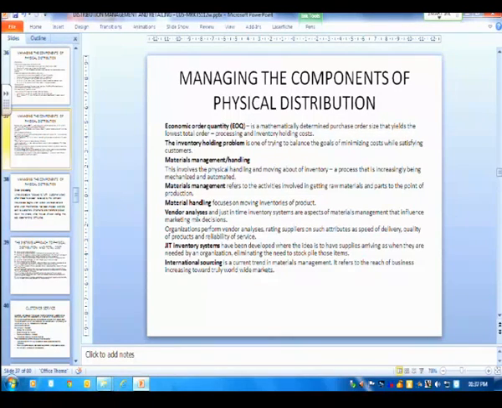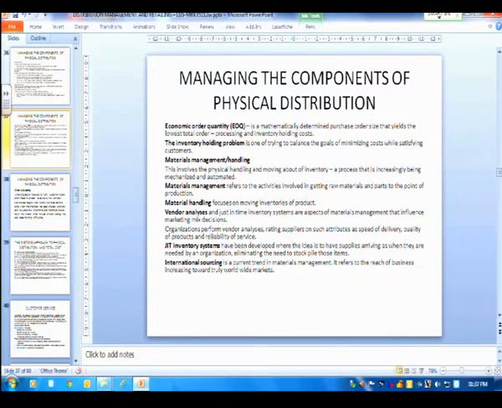Material handling focuses on moving inventories of product. And then vendor analysis and just-in-time inventory systems. These are aspects of materials management that influence marketing mix decisions.